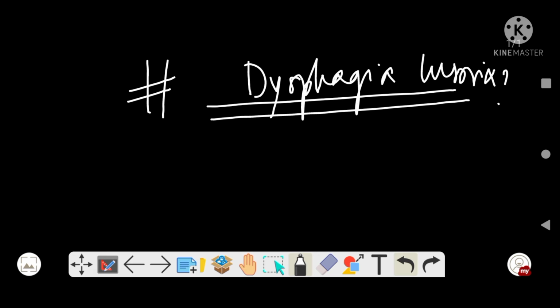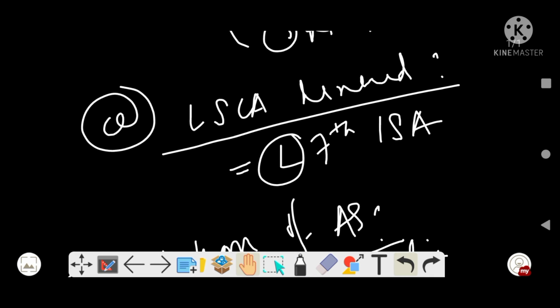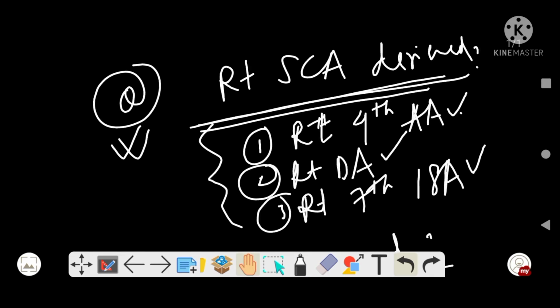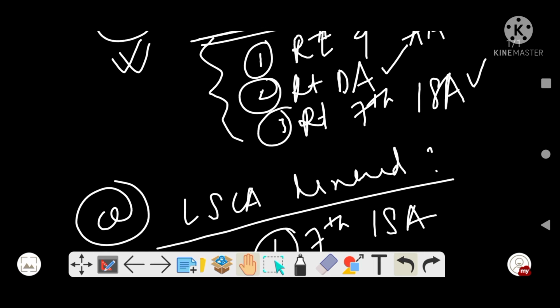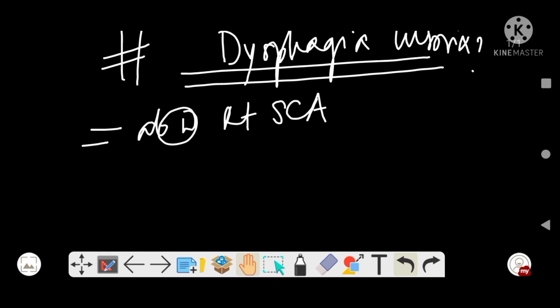So actually dysphagia lusoria is nothing but abnormal right subclavian artery, which I discussed just now, that right subclavian artery is derived from right fourth arch artery, right dorsal aorta, and right seventh intersegmental artery. Now when does dysphagia lusoria happen? First of all, it is an abnormal condition due to abnormal right subclavian artery.